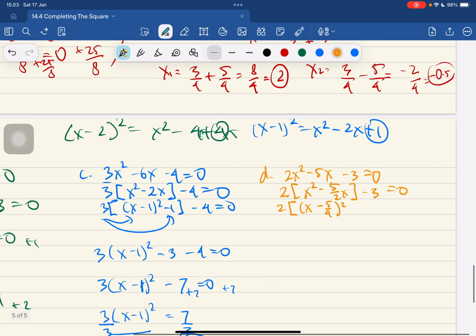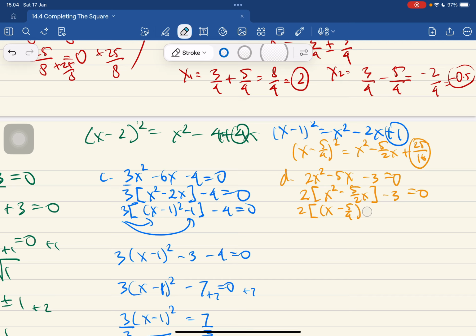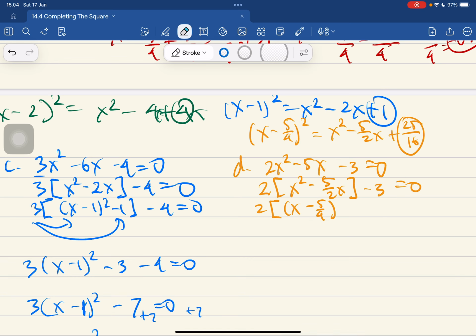We can expand it here, x minus 5 over 4 squared is equal to x squared minus 5 over 2 x plus 25 over 16. This number we don't want, so we will minus 25 over 16, close it, then we minus by 3.